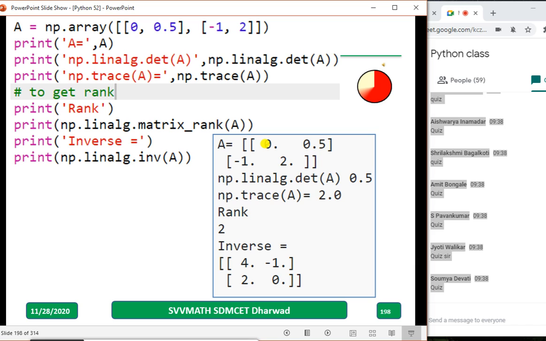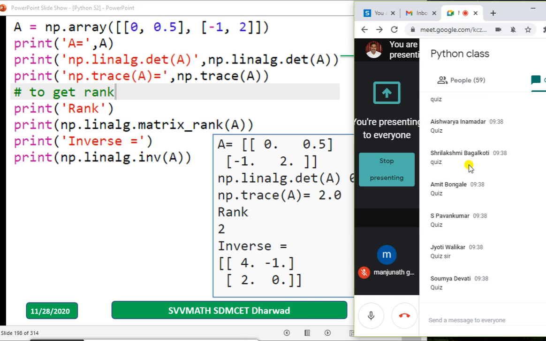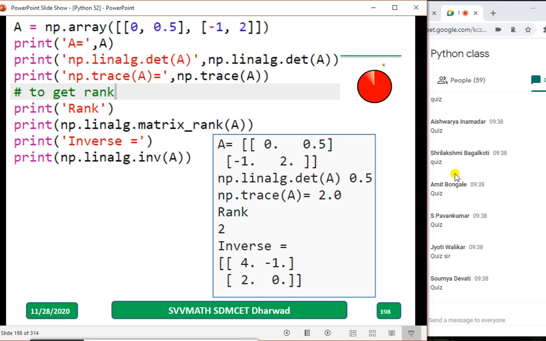Just recall what inverse means. Whenever you need that, you can make use of these particular functions. Take a few more seconds and copy the complete program and execute.